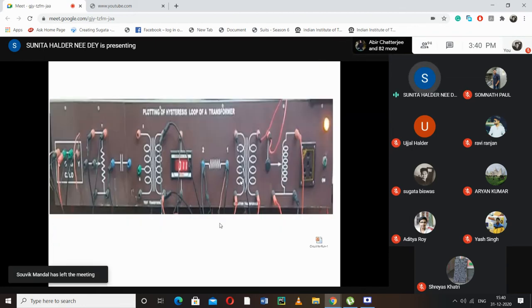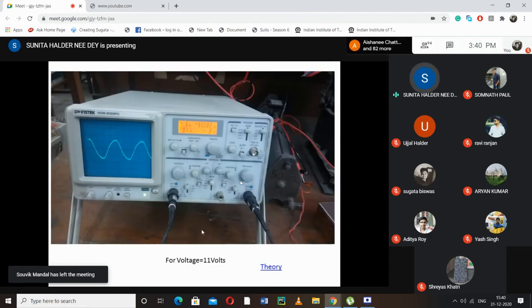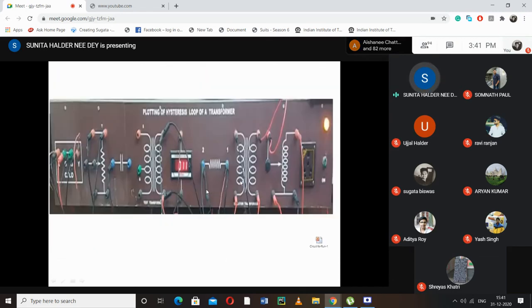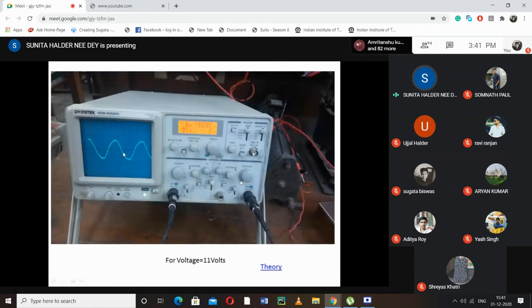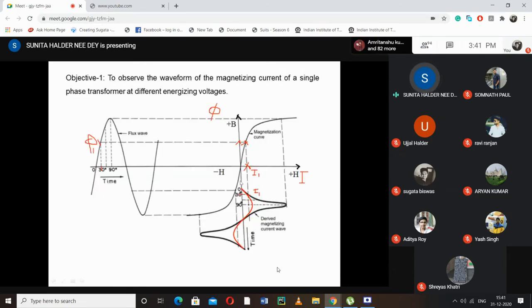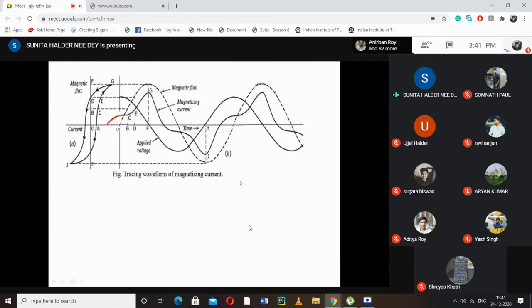So this is the circuit I have already explained. Now, if we apply 11 volt instead of 10 volt due to adjustment, the voltmeter reads 11 volt. Then you can see the waveform is purely sinusoidal. If you go by theory, it should be purely sinusoidal, so we are getting the same thing.